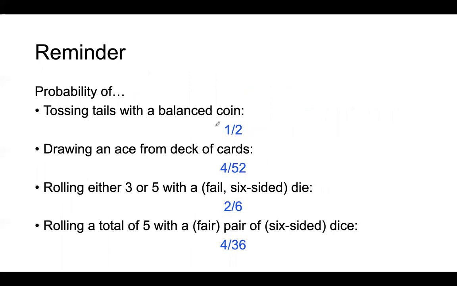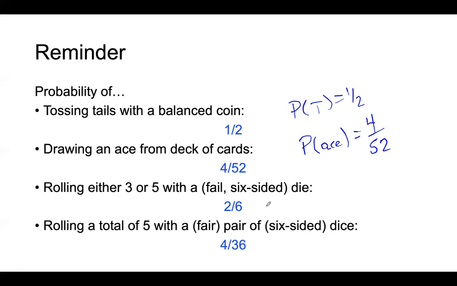This is also a reminder. Remember when you toss a balanced coin, the probability that you get a tail is a half. The probability that you draw an ace is, well, there are 4 aces out of 52 cards.